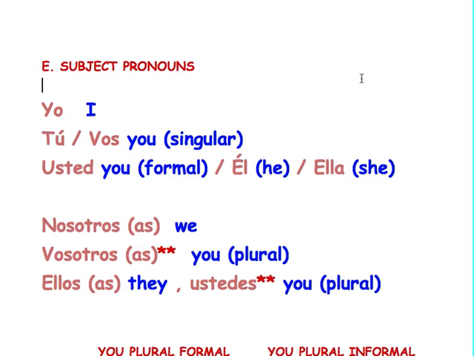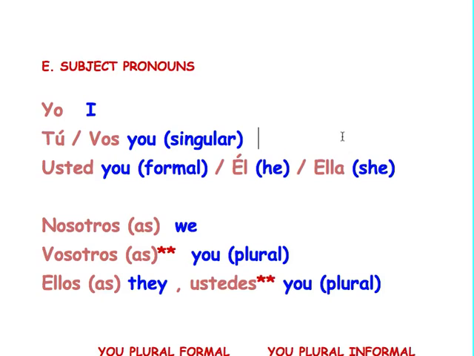So we have yo, I, tú, you, singular. In Argentina, they use vos. So tú or vos. Usted, it means you, formal. Él, he. Ella, she.